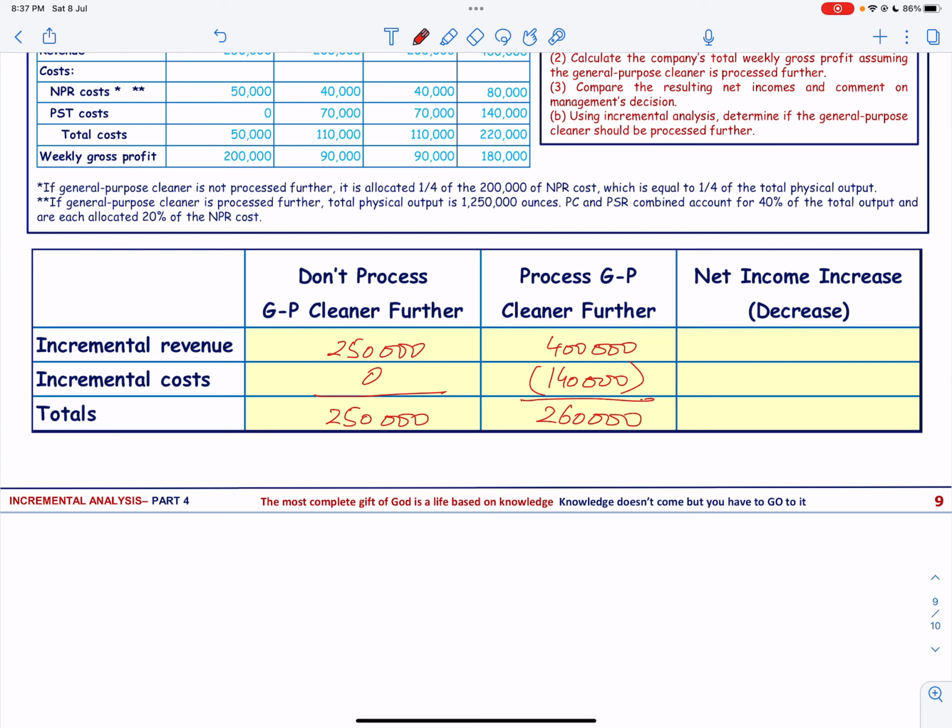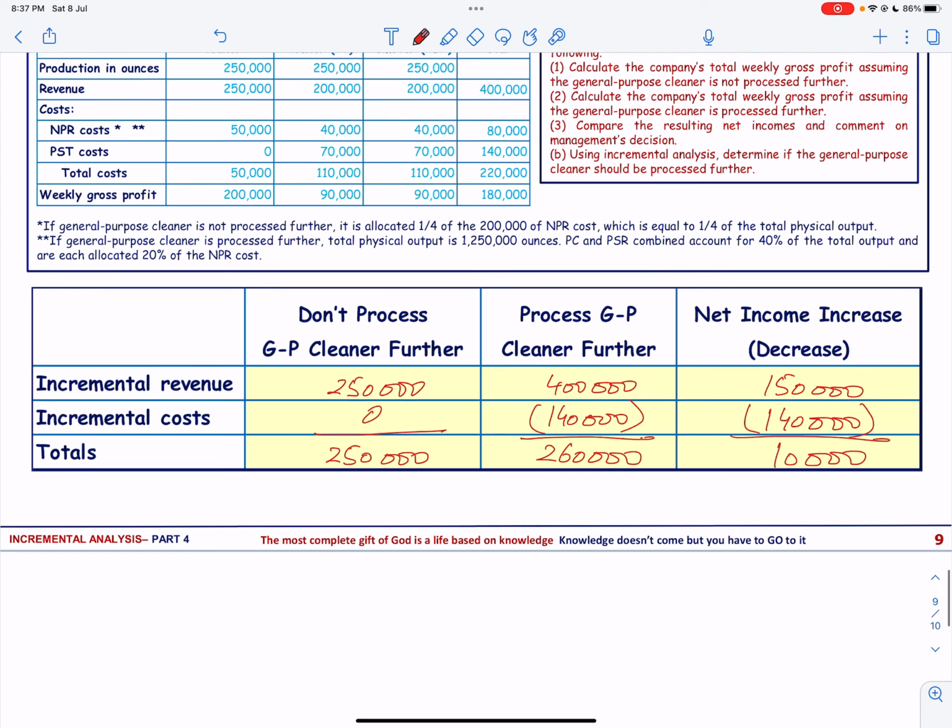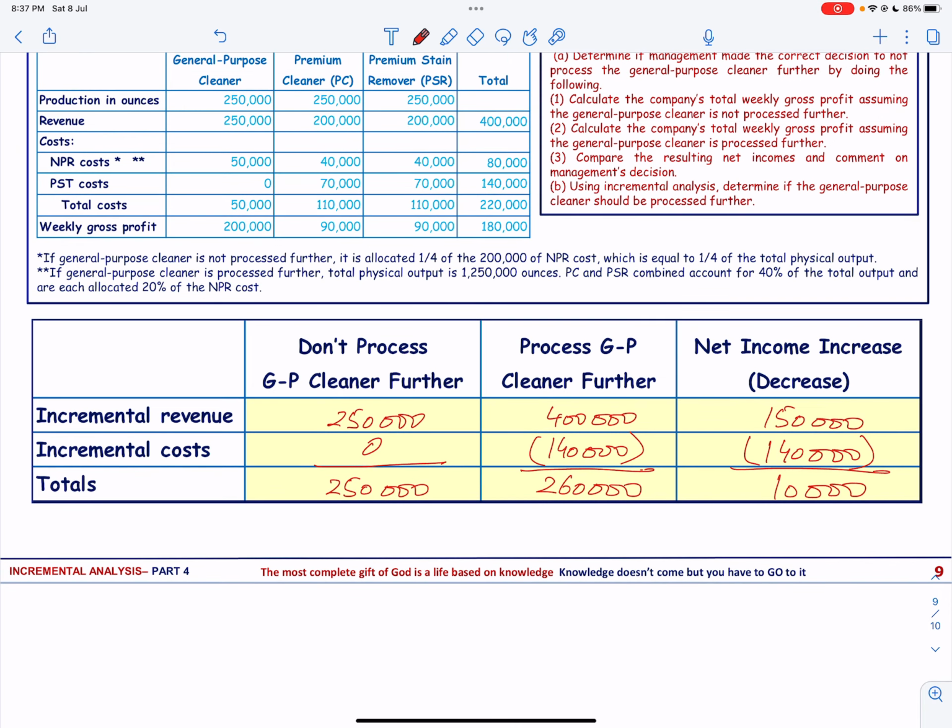So if we process further, the incremental revenue will be 150,000 more. Our net income will increase by 150, the cost will be 140, and this will give us the net effect, or increase in our net income, of 10,000.